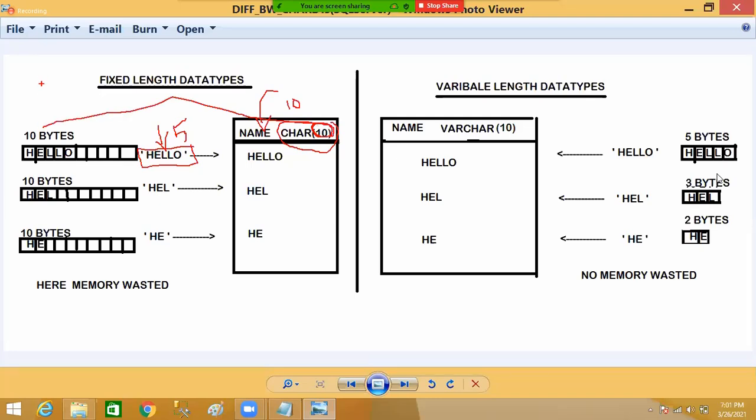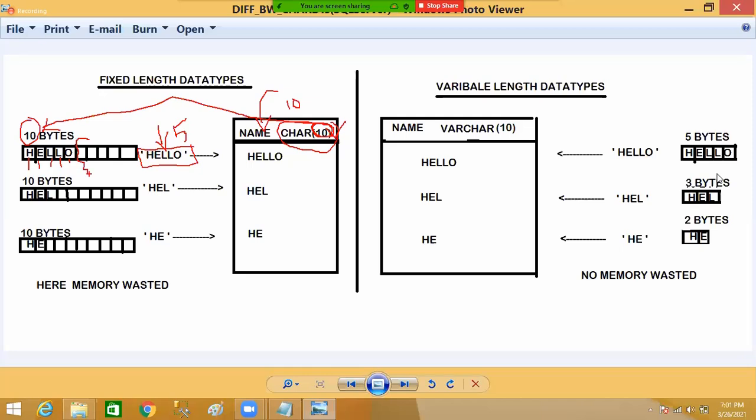Exactly that many bytes are allocated by the system. My string expression has 5 characters, but the system allocates 10 bytes, and each character takes 1 byte of memory, so the remaining 5 bytes of memory are wasted.